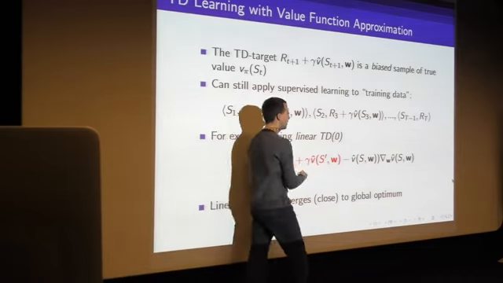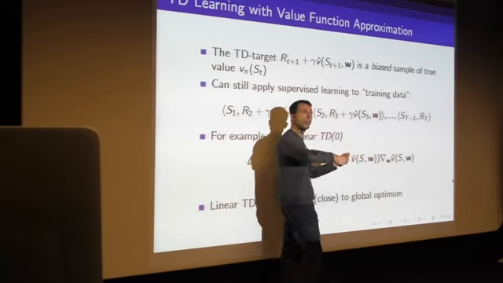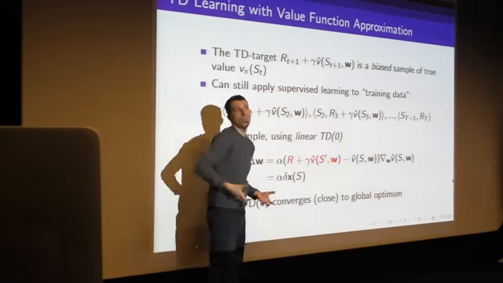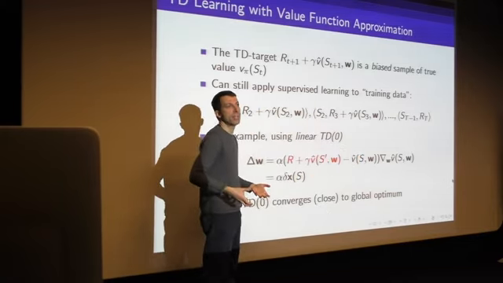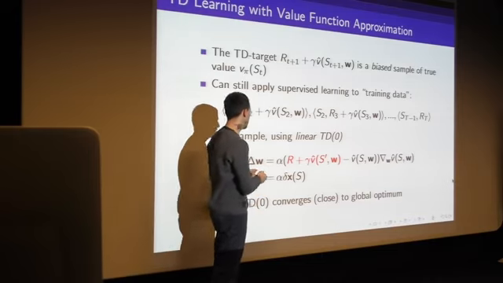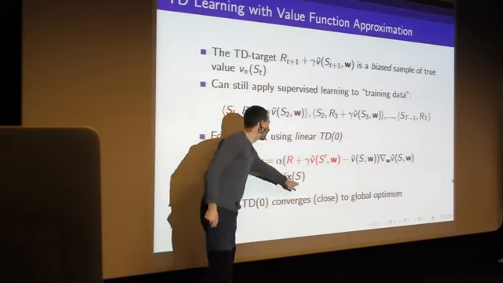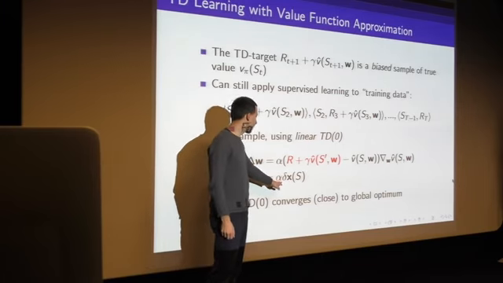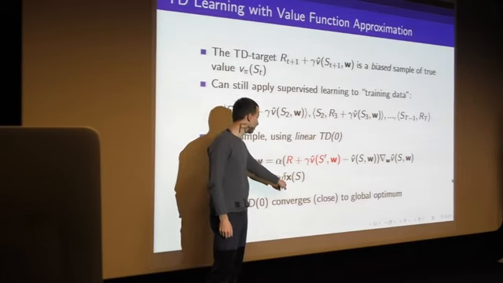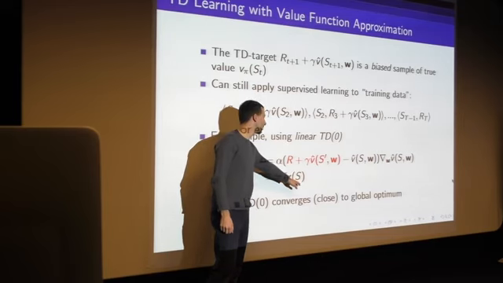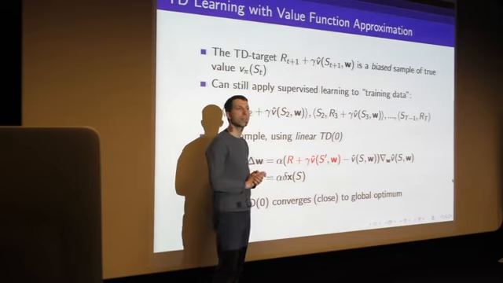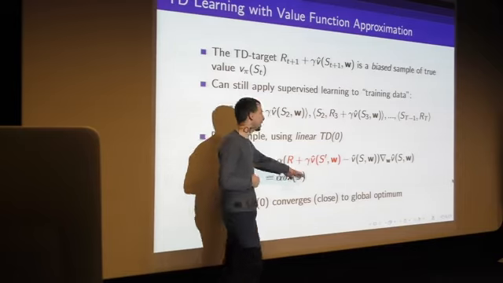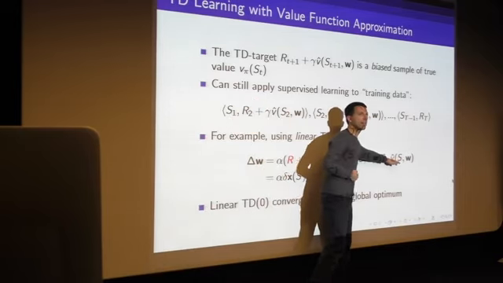Now this gradient tells you how to adjust your function approximator to make it more like you thought you were losing in the first place. We can compactly write that in the following way. We update our parameter vector by step size multiplied by TD error multiplied by feature vector, or the gradient in the more general case. Feature vector in the linear case, gradient in the nonlinear case.